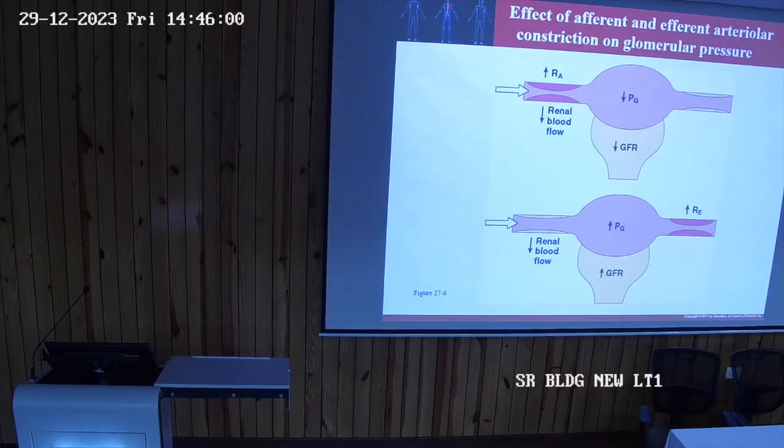Whatever the blood or the plasma which is coming for filtration has been accumulated in the glomerular tuft. So initially excess amount of plasma is coming, so excess amount of filtration is taking place.